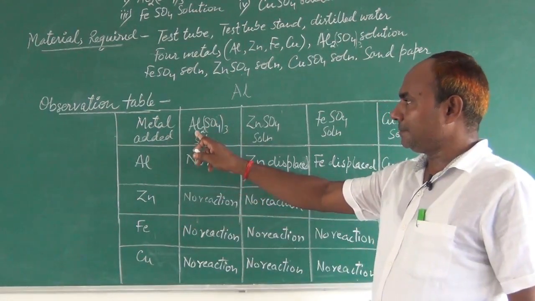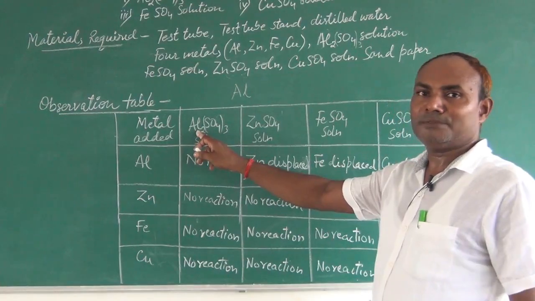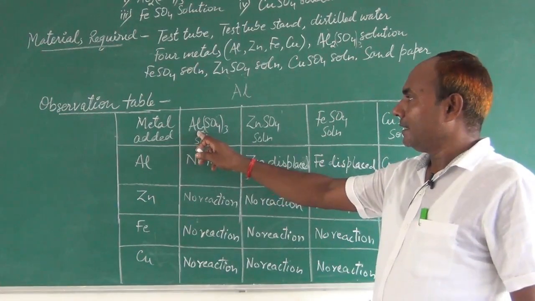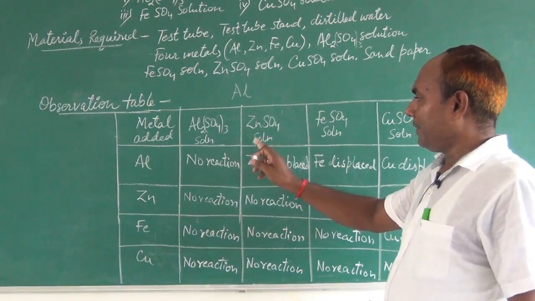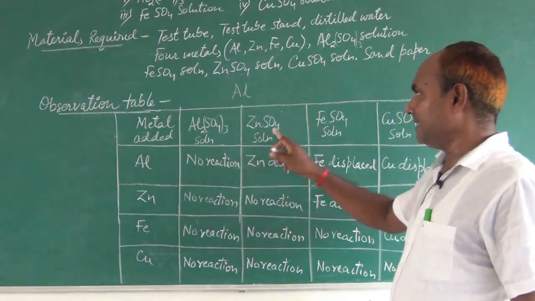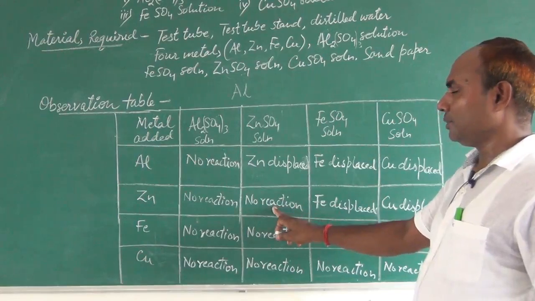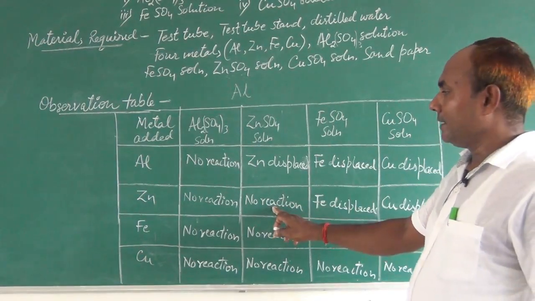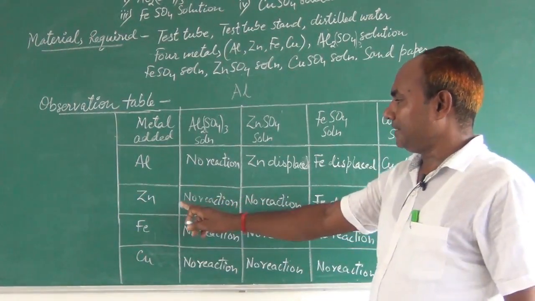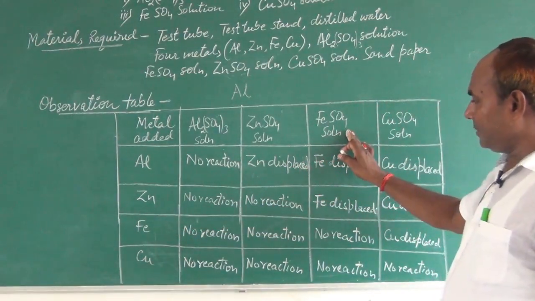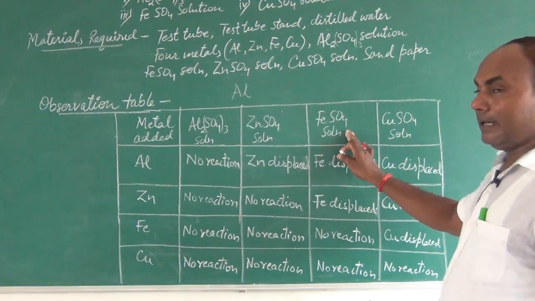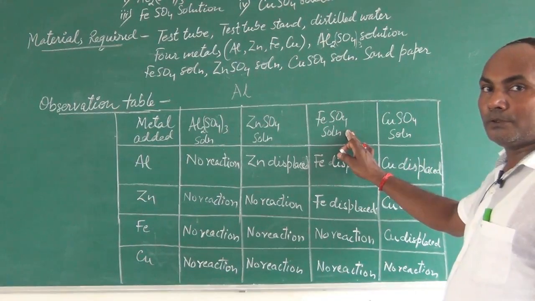So it can't displace aluminum from aluminum sulfate solution. In the second test tube, when we add zinc metal in zinc sulfate, no reaction takes place. In the third test tube, when we add zinc metal in iron sulfate solution, the color of the iron sulfate solution changes.